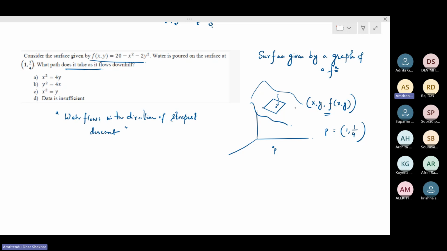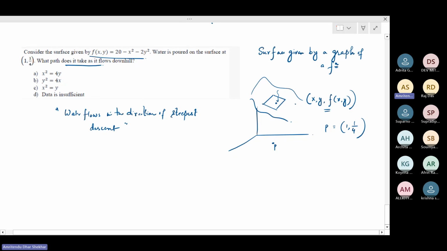So you're going to move in the direction in which the value of f is reduced the most.